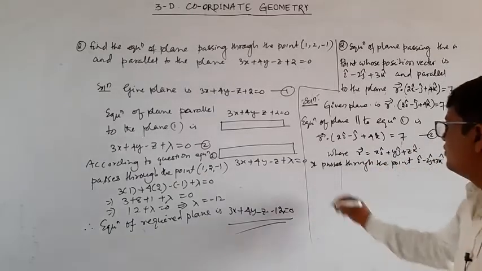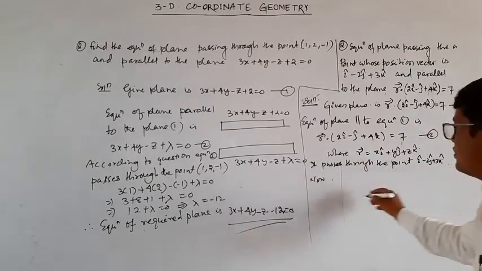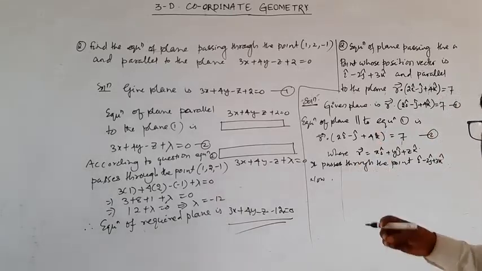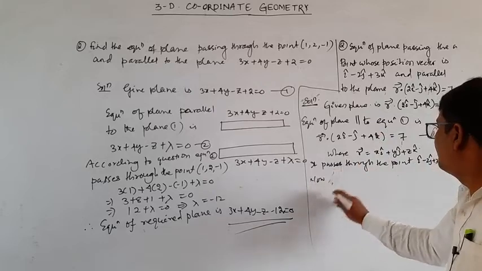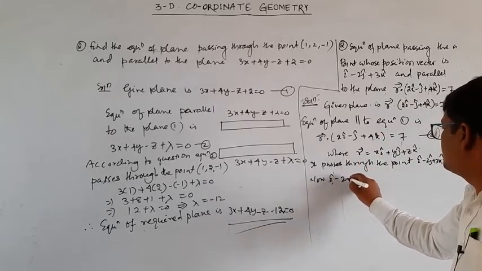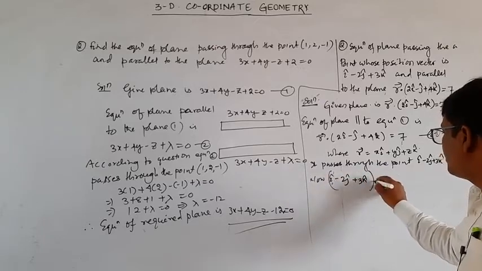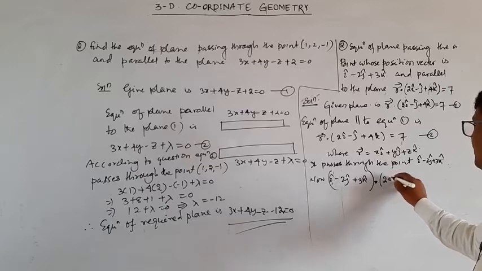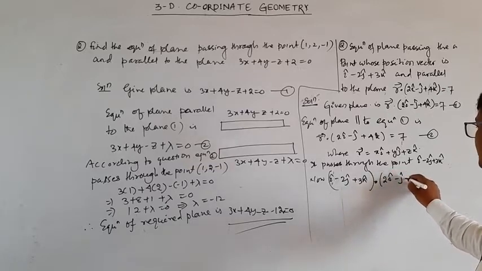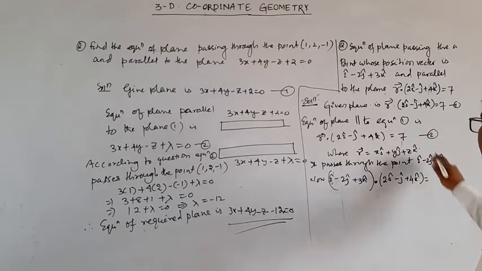So in place of r, you put this point. So (i cap minus 2j cap plus 3k cap) dot (2i minus j plus 4k) equals lambda.